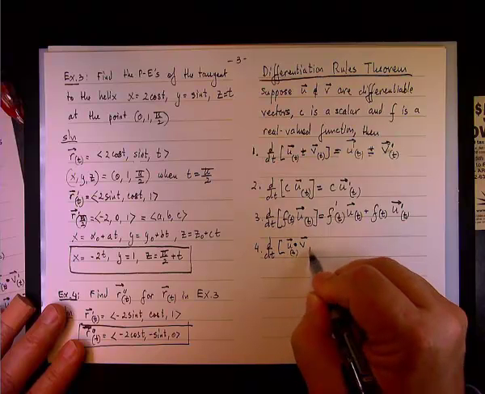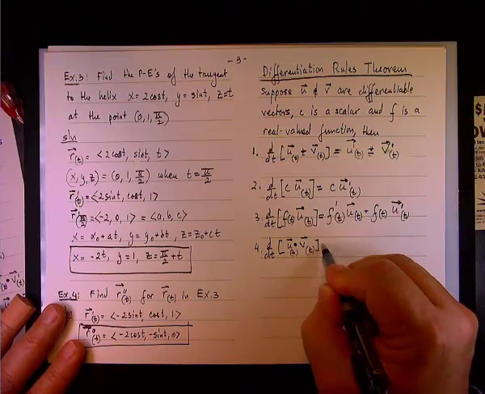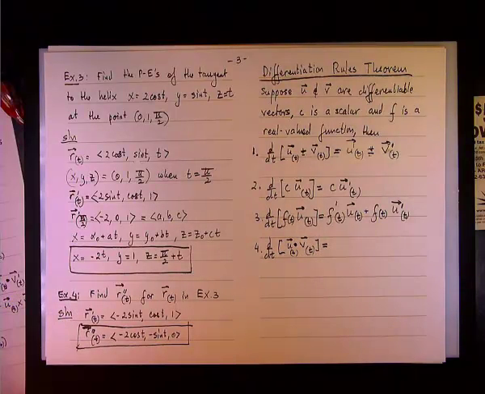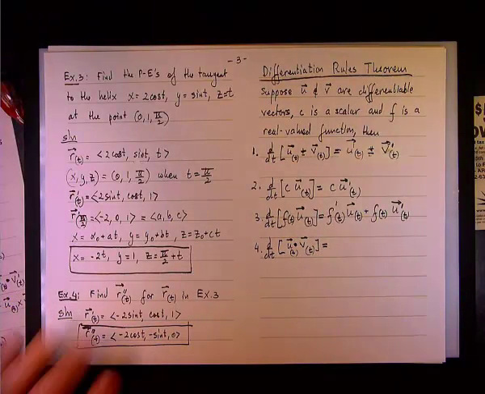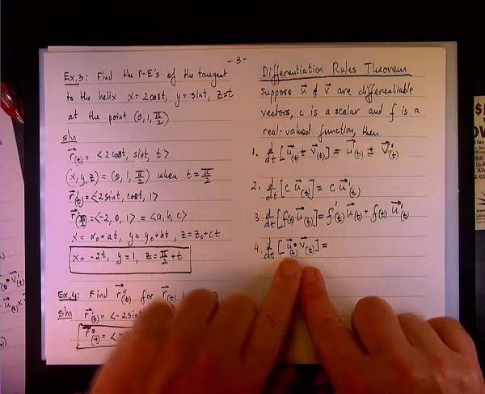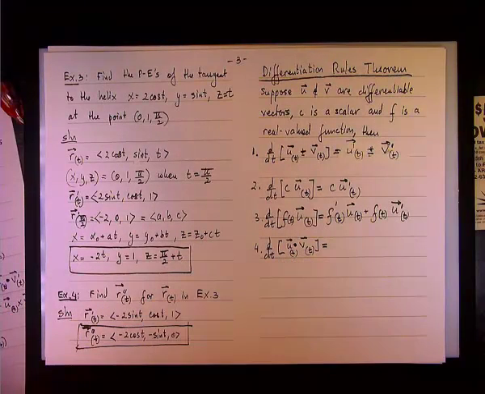What happens if you have two vectors with a dot product in between, like so? Well, the product rule is still applicable here.